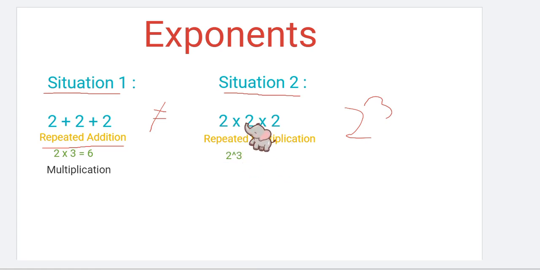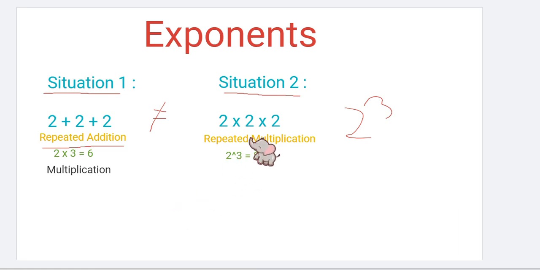It is 2 times 2 times 2. So 2 into 2 into 2. So 2 times 2 is 4 and 4 into 2 is 8. So remember, never ever in your life they are equal. Repeated addition is not equal to repeated multiplication.